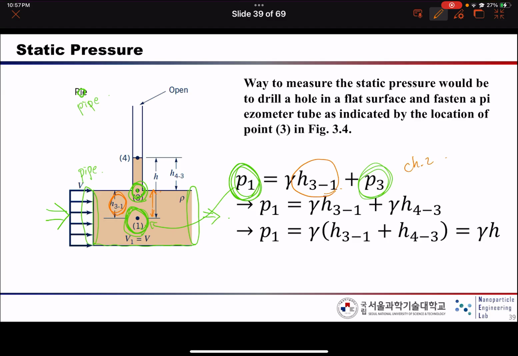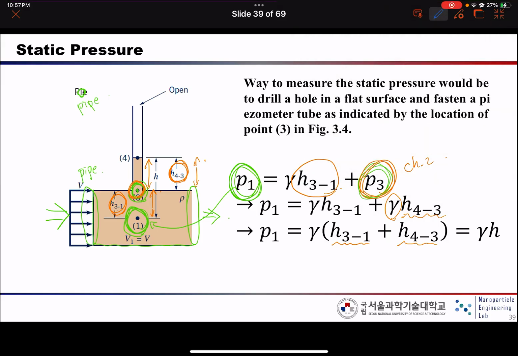So for P3, there is a height as well, so we can write P3 as gamma H4 minus 3. So we can represent P3 like this, with H3 minus 1 and H4 minus 3.